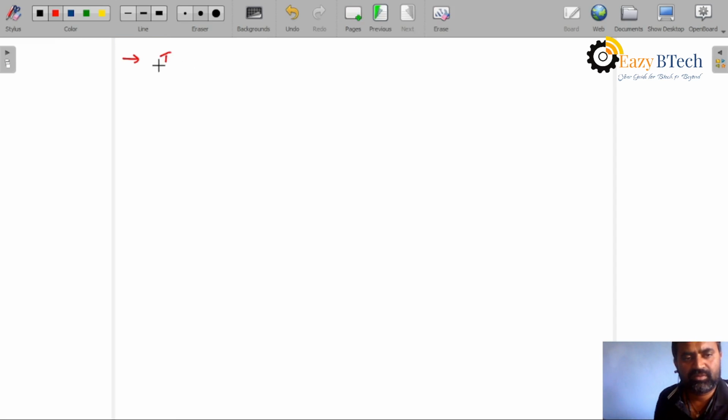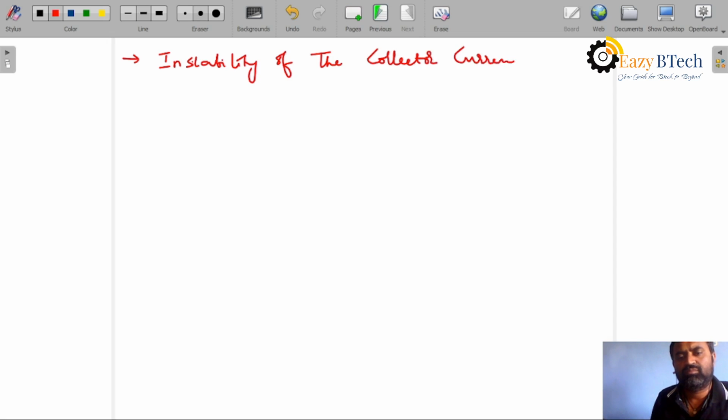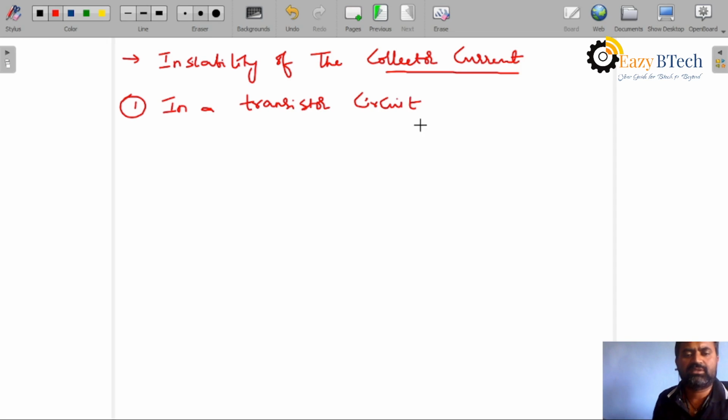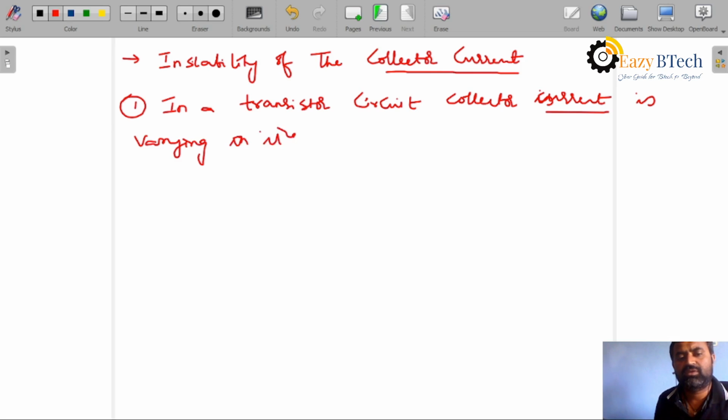In a transistor circuit, the collector current is varying on its own.